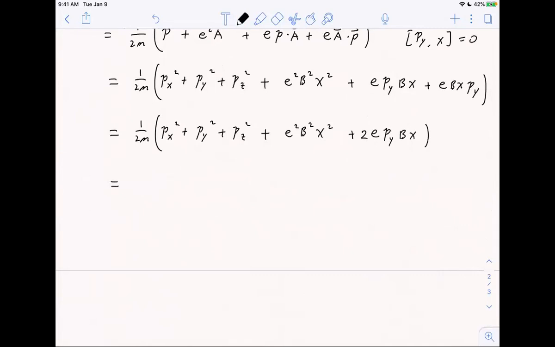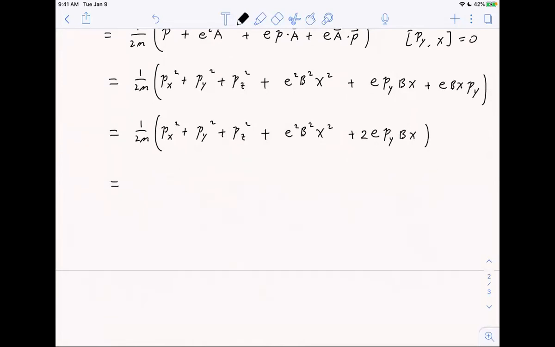Then you can observe that this px and this one, you can combine them together to give you a new term.